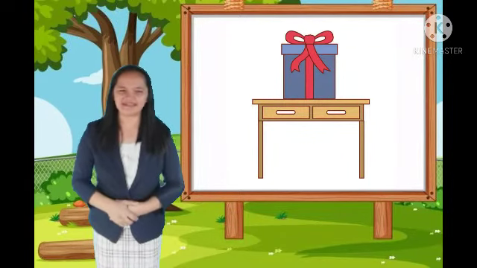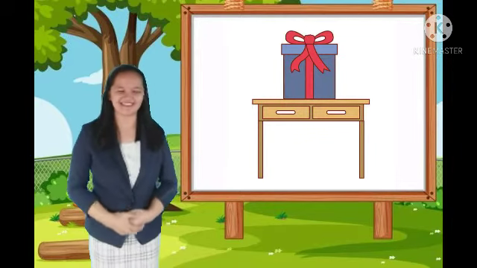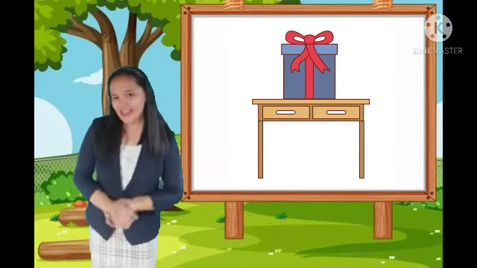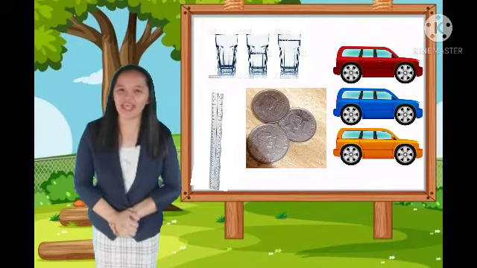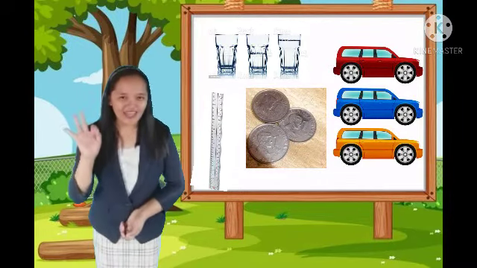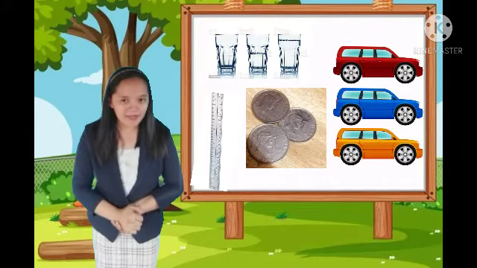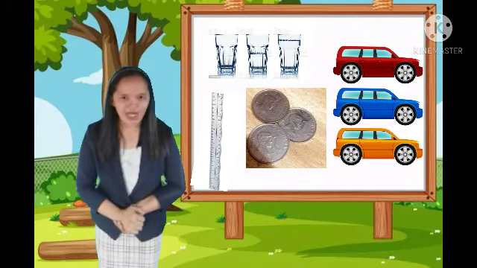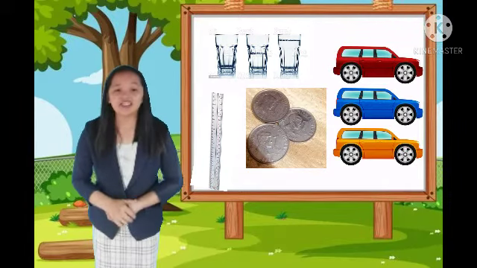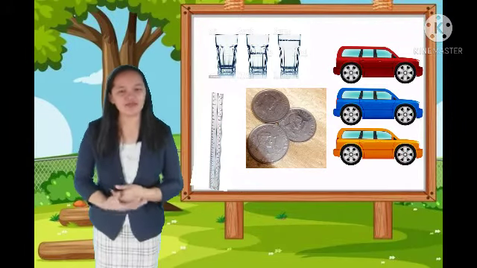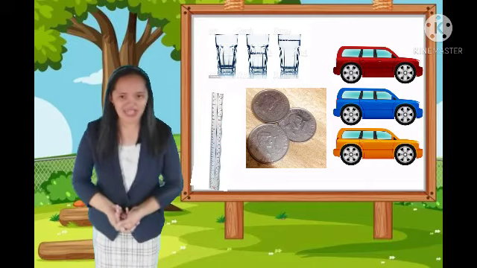Okay, Raymond, please come in front. What have you seen? Yes, we have 3 toy cars, marbles, 1 peso coins, a ruler, and a glass. These materials will be used in our activity today.